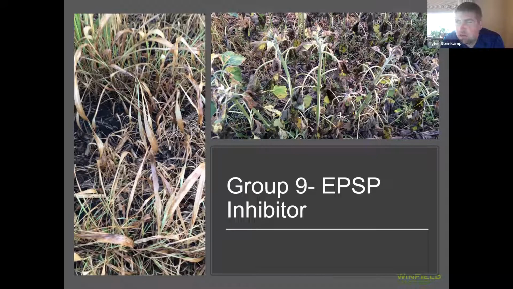We talked a little bit about it a couple weeks ago, but one way is for the plant to produce an excessive amount of this EPSP enzyme, okay, and that's how a lot of our weeds are getting around glyphosate. They just basically produce a 10x to 100x rate of that EPSP enzyme. And when they do that, they are basically able to escape it.